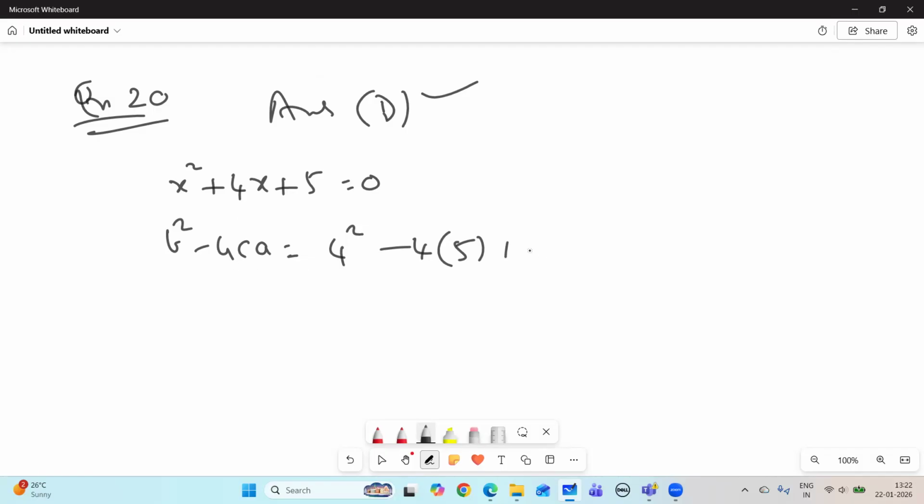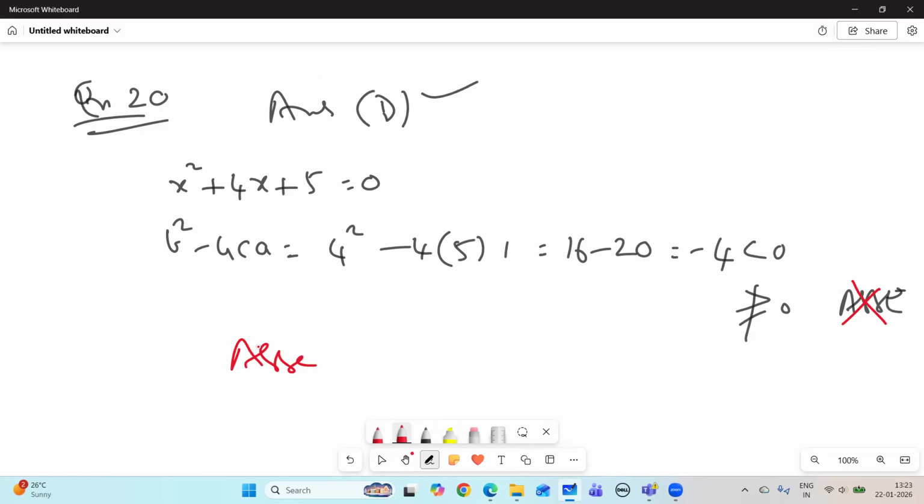I have taken 4ca, no problem. So this is 16 minus 20, which is minus 4. Minus 4 is less than 0, which means it is not greater than or equal to 0. So the assertion is false and the reason is correct. That is choice D.